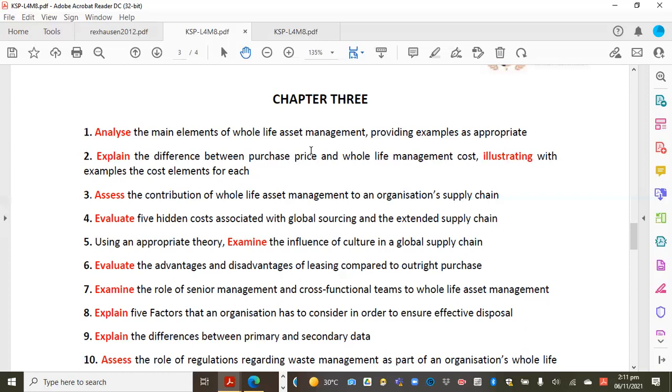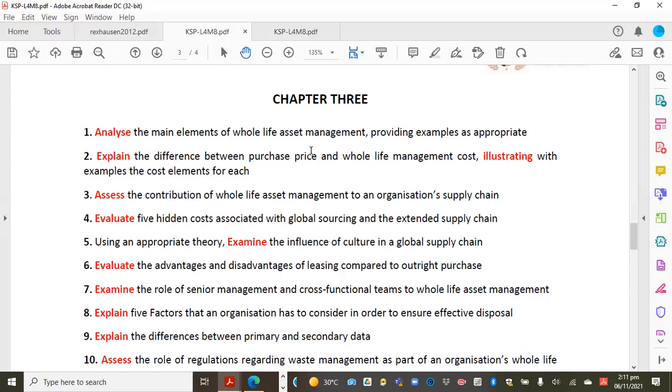So we are looking at insurance, quality, disposal cost, even pre-acquisition cost, which is not captured in the iceberg, but in broad terms, you have to look at the pre-acquisition cost, the acquisition cost, training cost, and even the commission.